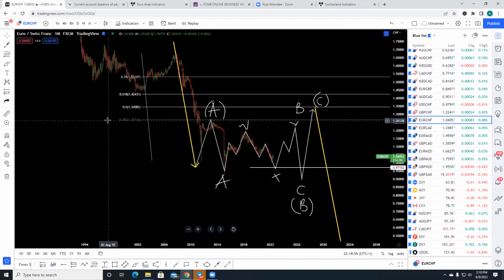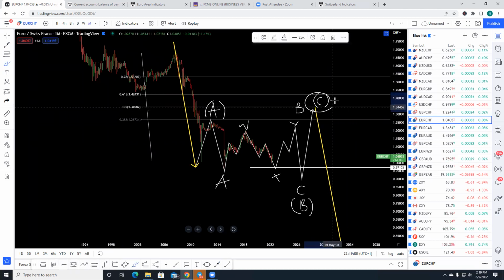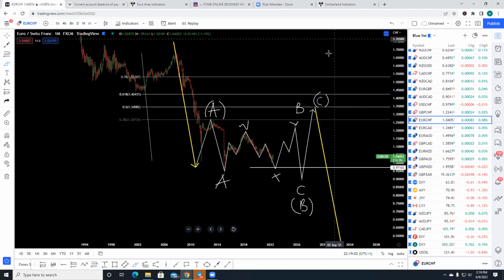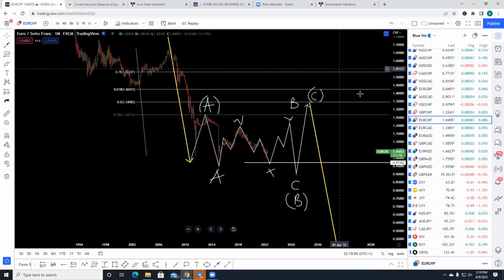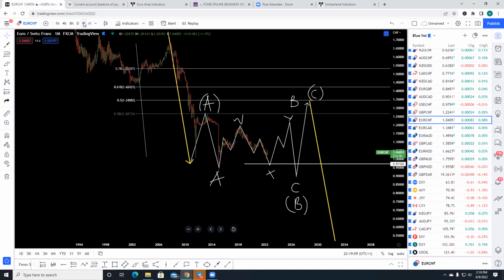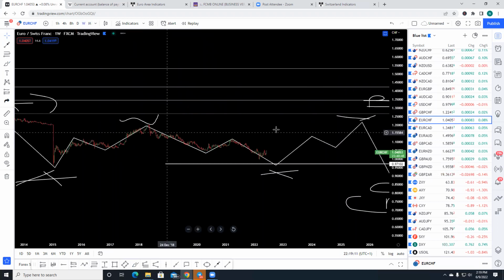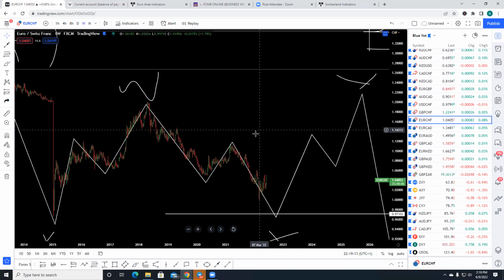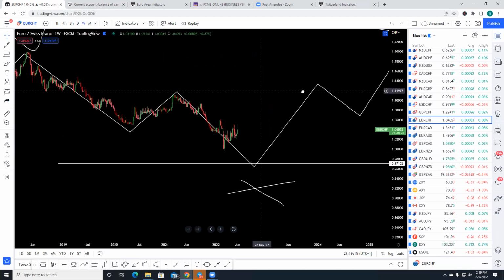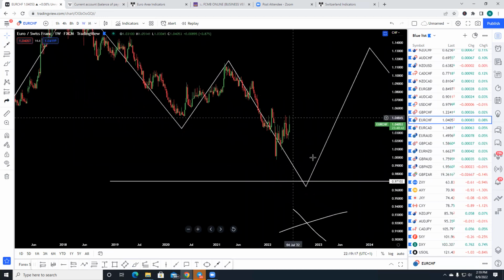To 50 to 61.8% Fib retracement this side, guys. And then you can have your move to the downside. So this is the analysis of this pair on the monthly. Monthly will give you the idea of where you are going. Now we have to concentrate on this portion to the downside.